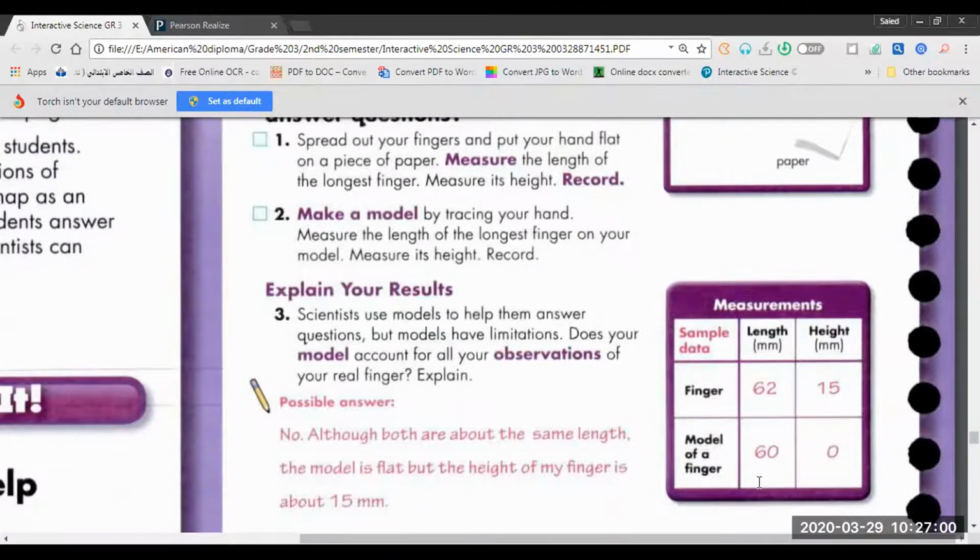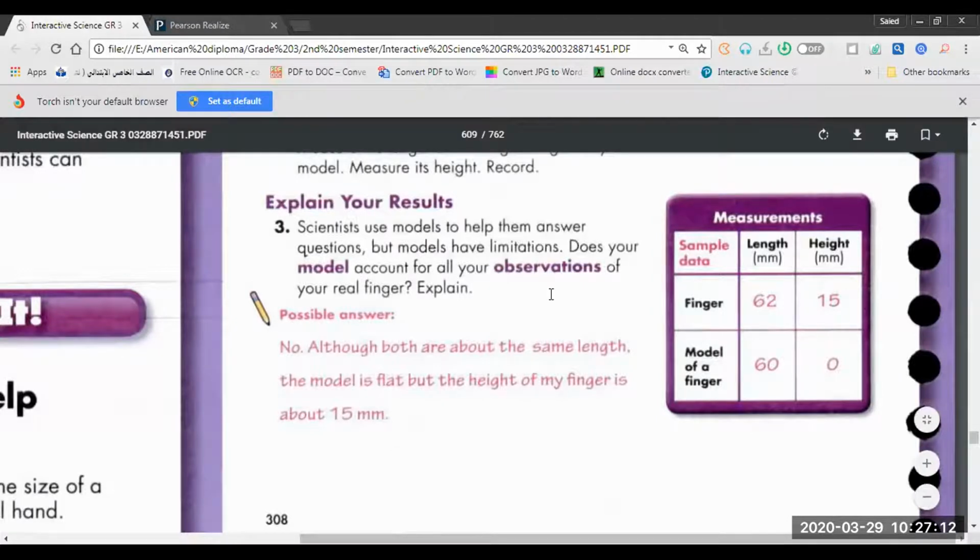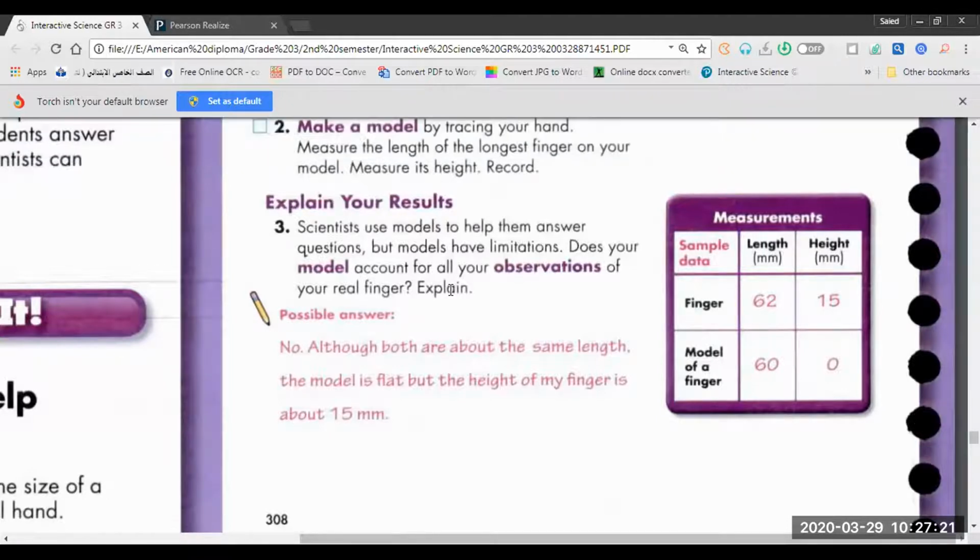You will find the length nearly the same as the length in real before you made a model, and the height is not the same. Why? Because scientists use models to help them answer questions, but models have limitations. How do models have limitations? Does your model account for all your observations of your real finger?